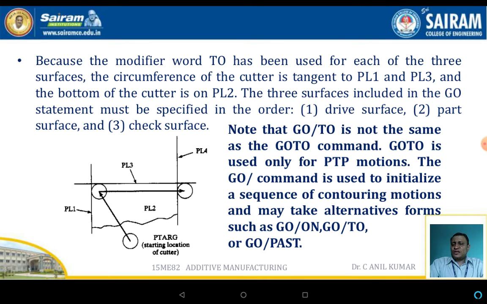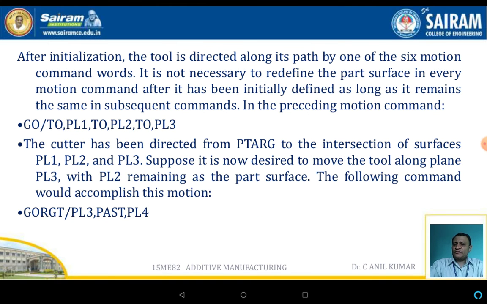Because the motion word to has been used for each of the three surfaces, the circumference of the cutter is on PL1 and PL3, and the bottom of the cutter is on PL2. These three surfaces included in the go-to statement must be specified in order with respect to whether it is a driving surface, a part surface, or a check surface.